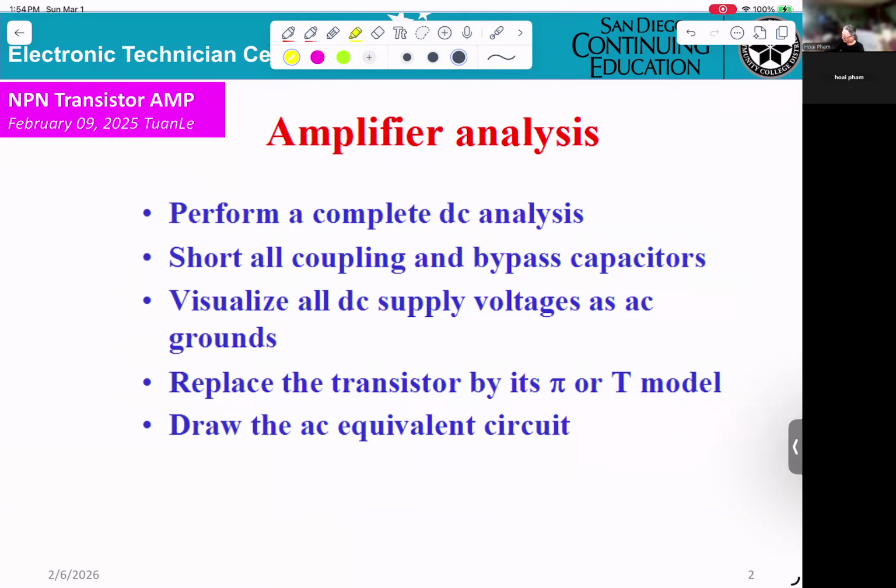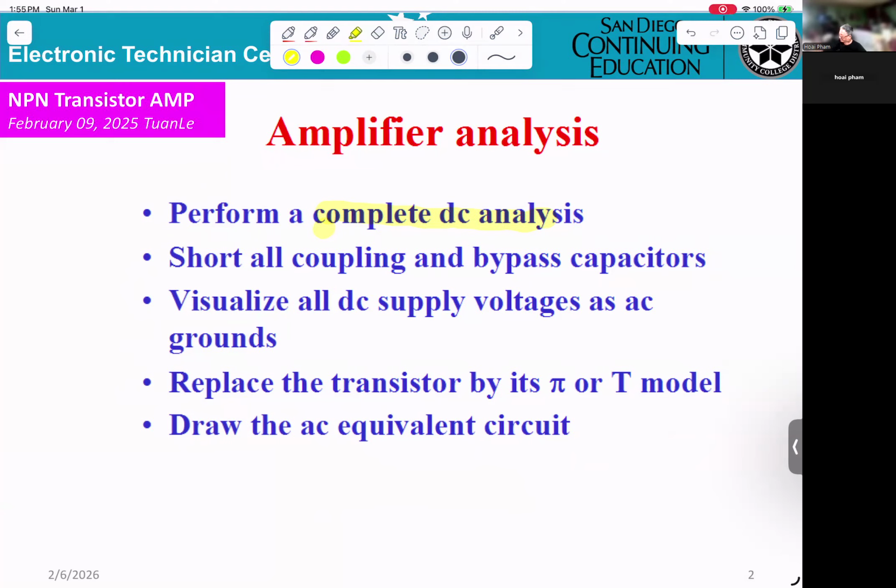This is very basic amplifier analysis. First thing, perform complete DC analysis. That means before you do the amplifier, we have to completely finish any DC calculation.